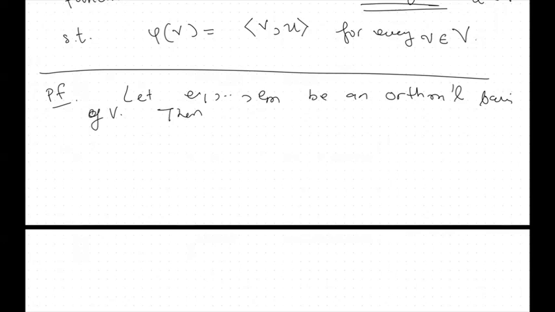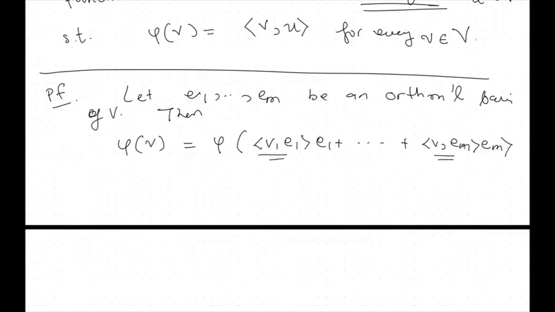Then look at the functional applied to V. This is just because we can represent V as follows: V equals the inner product of V with e_1 times e_1, up to the inner product of V with e_m times e_m.